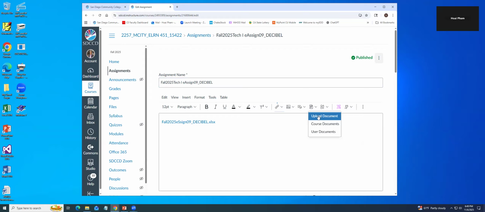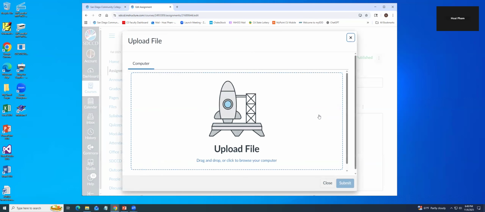Click in here, you get upload document. Then you move the file into here. Yeah, I know, but when I clicked on it, it said it didn't accept it and wouldn't let me upload the Excel file. They don't care about XL or whatever.